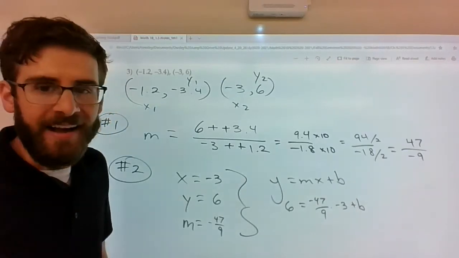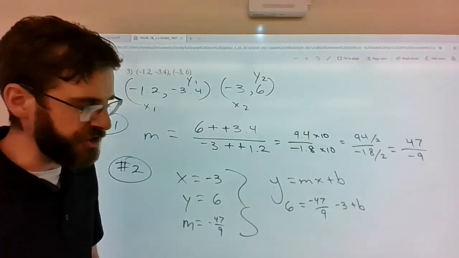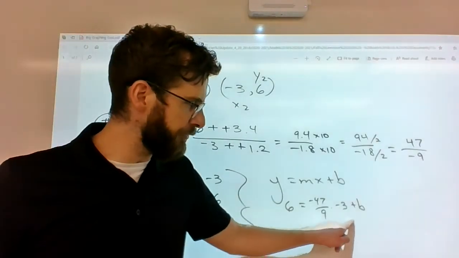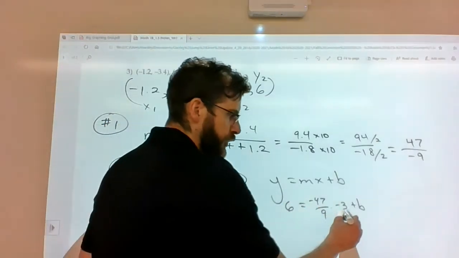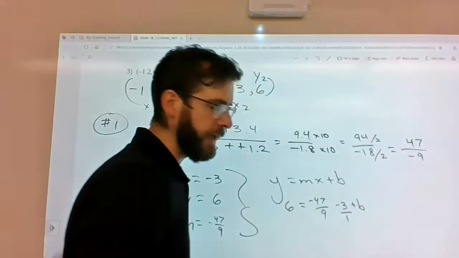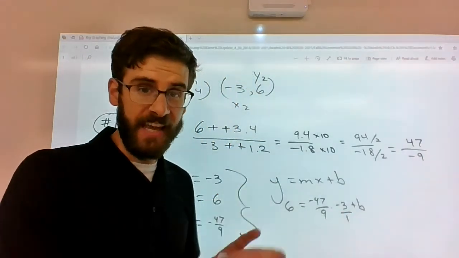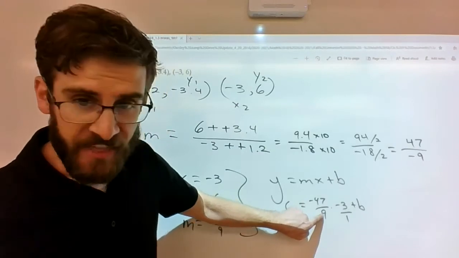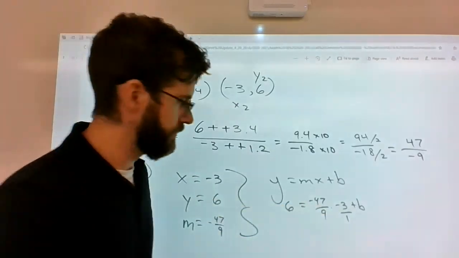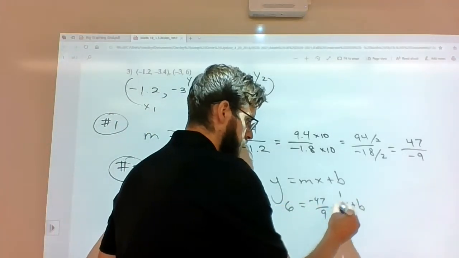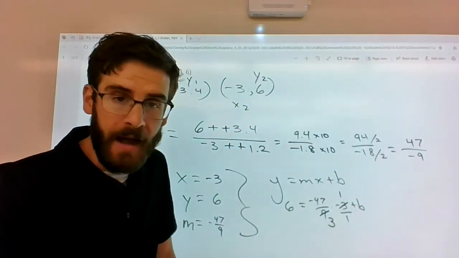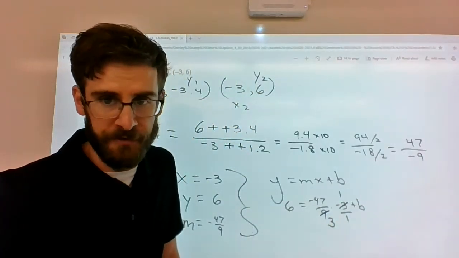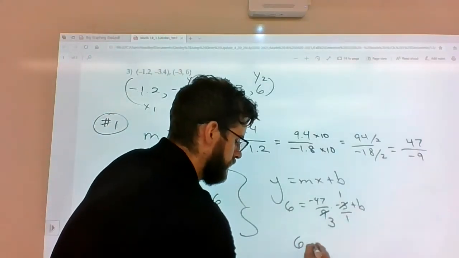Now, here's the thing. I'm okay at this point with you guys just approximating the decimal for this. But do know this. You can put the negative 3 over 1 and then cross-cancel. Divide that by 3, divide that by 3. I'm okay with you using the calculator as well to figure out what this number should be.